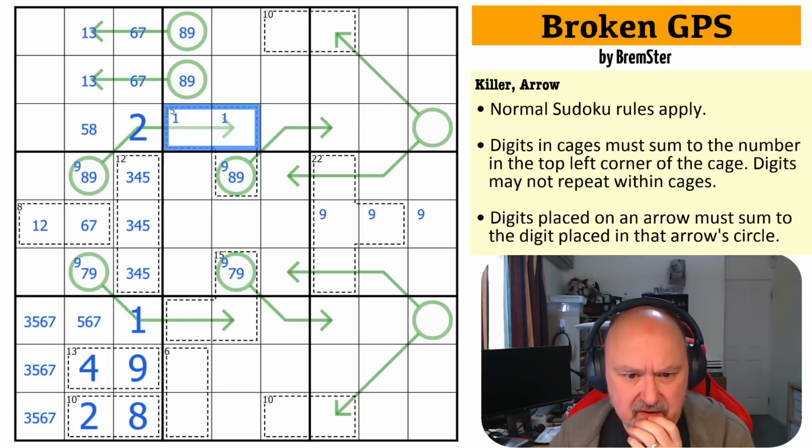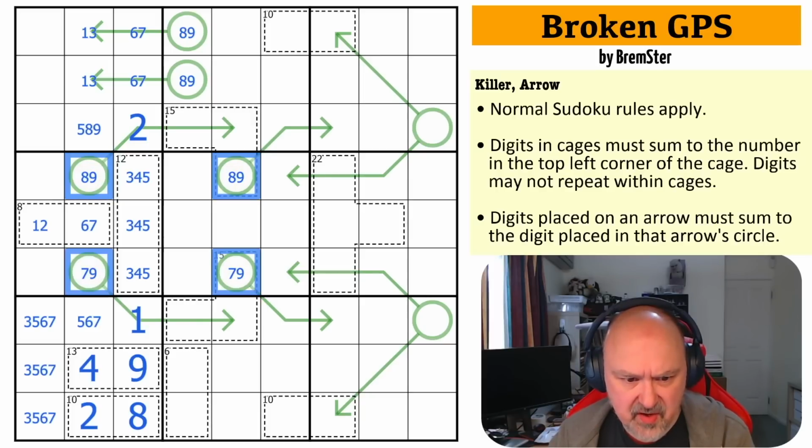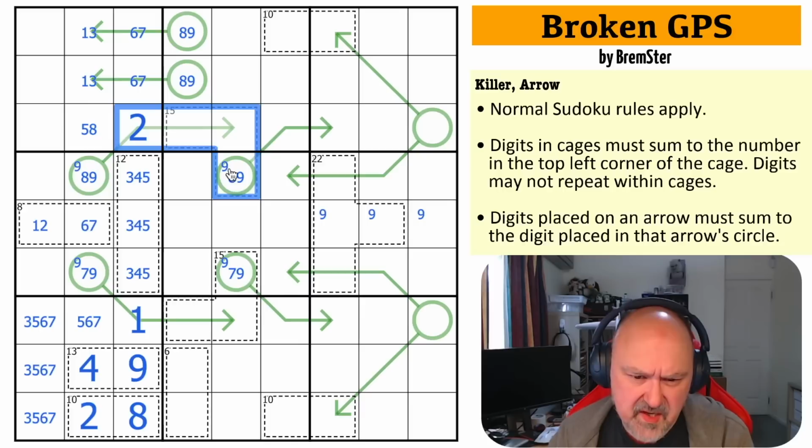I was really hoping that I'd be able to... So I'm pretty comfortable about the X-Wing on 9s. Did I go wrong here?